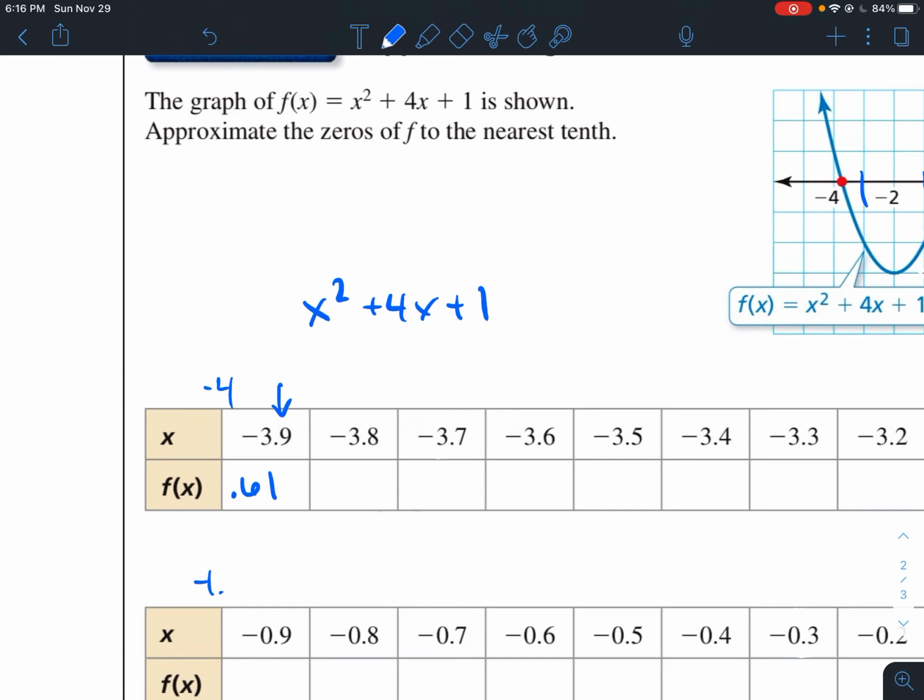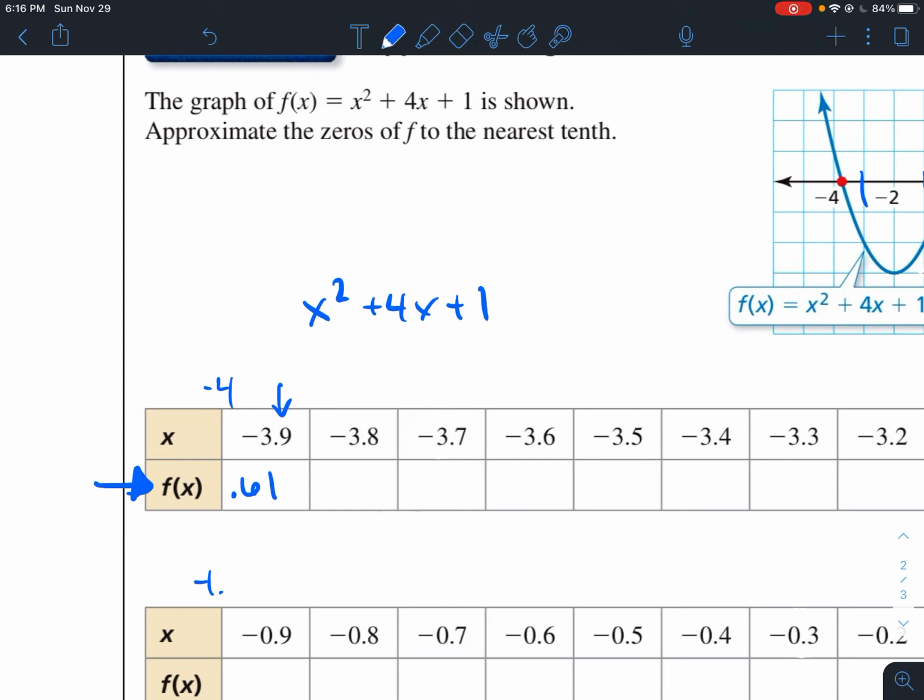Remember that this value is 0, right? We're trying to find the value of 0, seeing if we can find one close to 0. If this is going to be a solution, then that means the y must be 0.